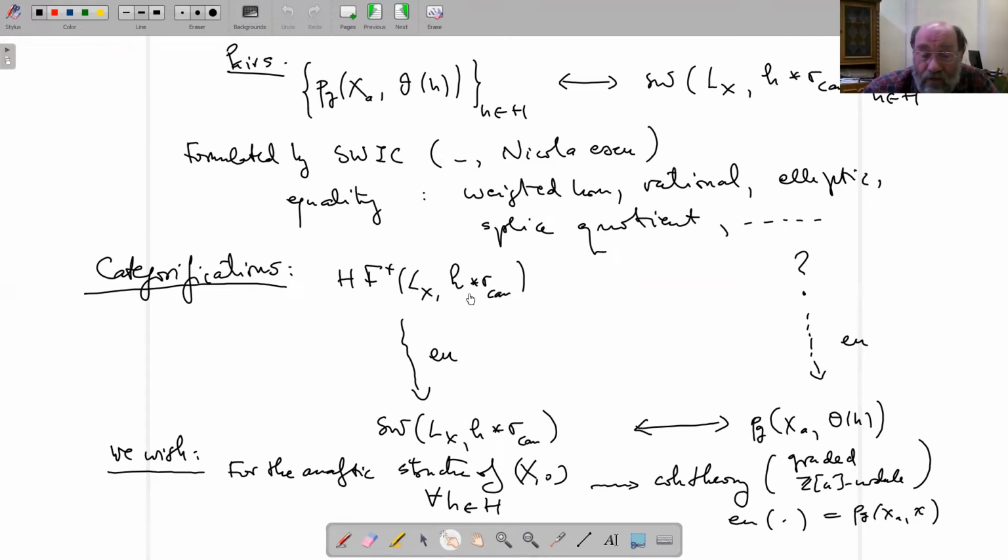They are indexed by the spin-C structures, they are graded Z[U]-modules, a beautiful theory. The question is: what is the analog of it? Do we have a cohomology theory, again indexed by H, such that for each H, or for each spin-C structure, I have a graded Z[U]-module in such a way that the Euler characteristic is the geometric genus? That is exactly our wish.